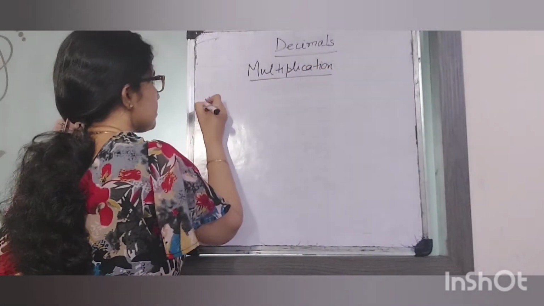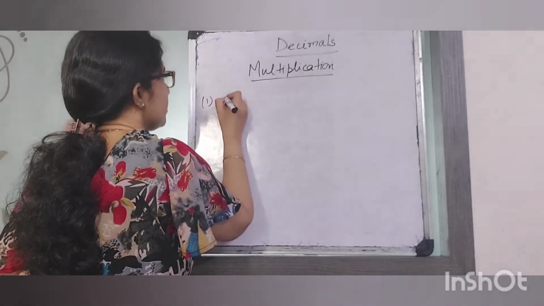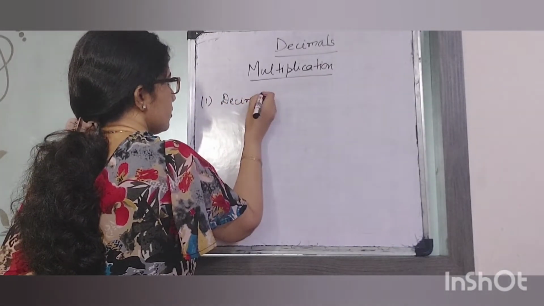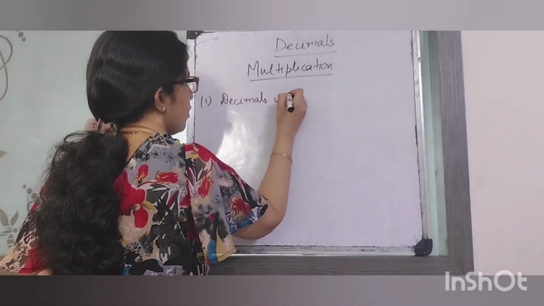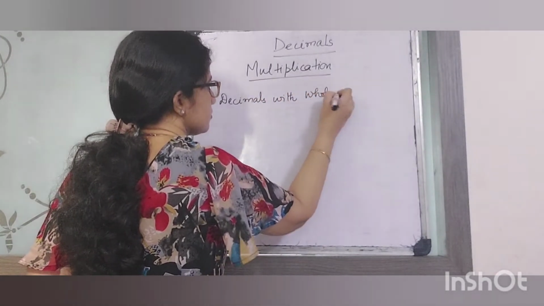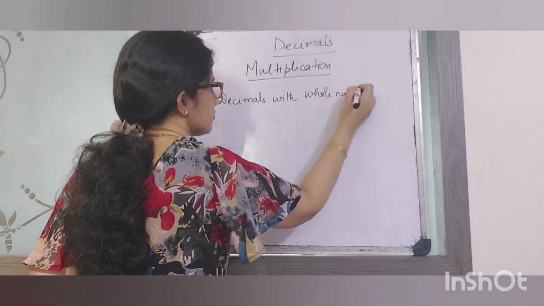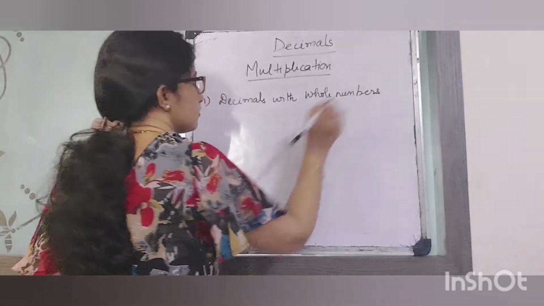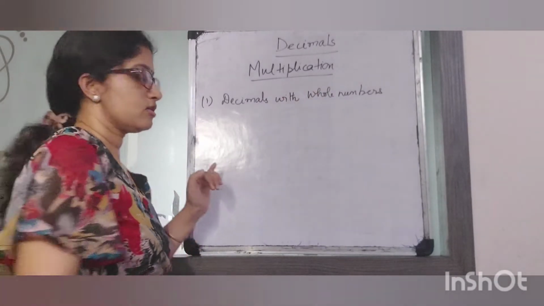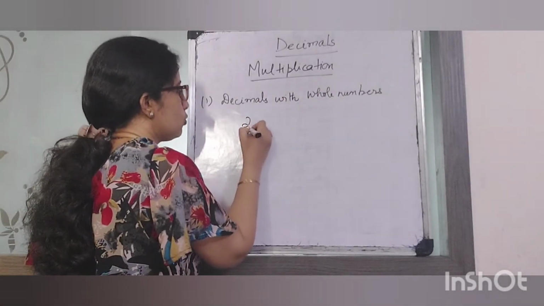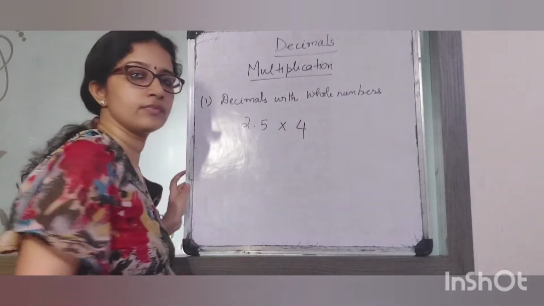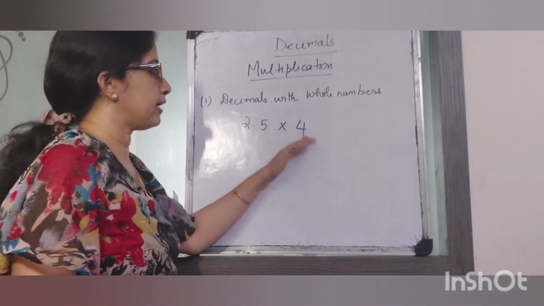Out of that, first subdivision is decimals with whole numbers. Okay, decimals with whole numbers. So let's take an example. 2.5 into 4. Okay, 2.5 into 4.